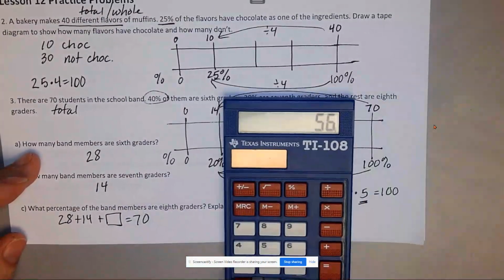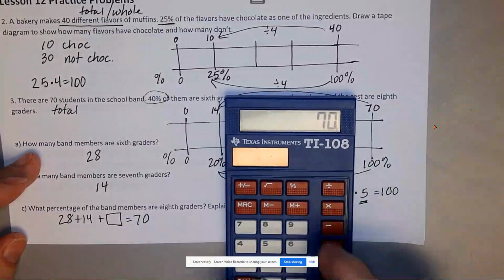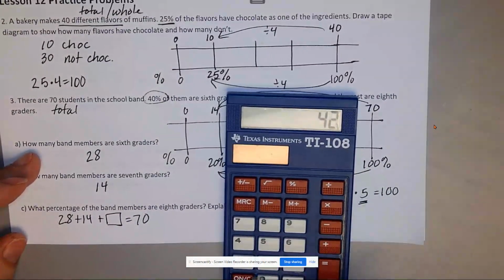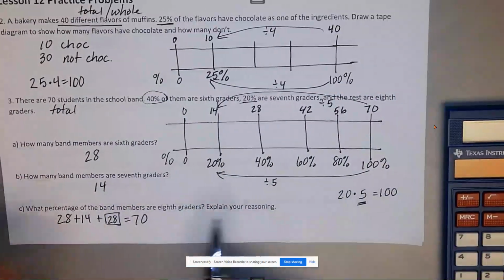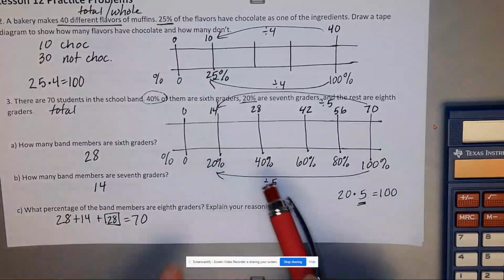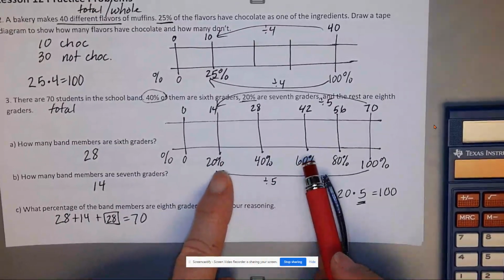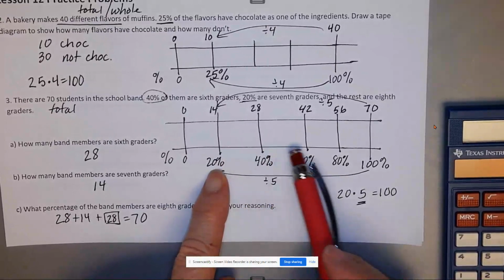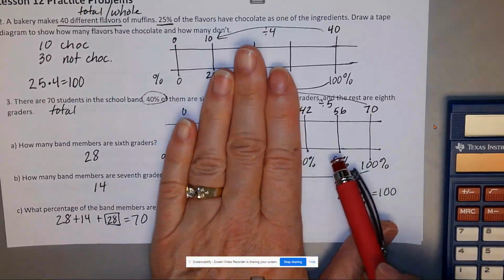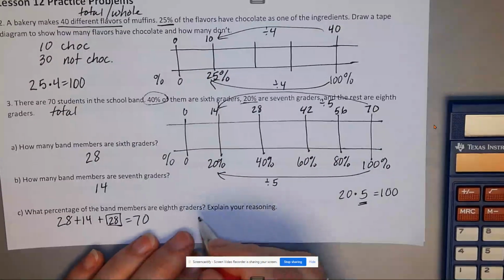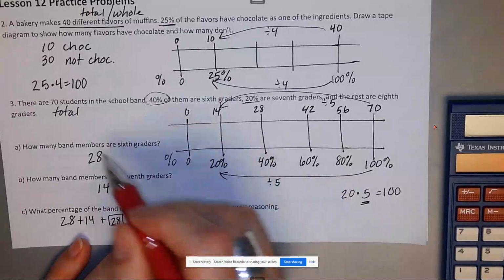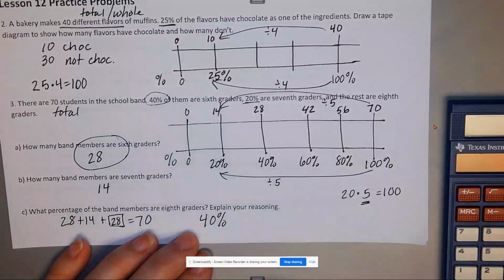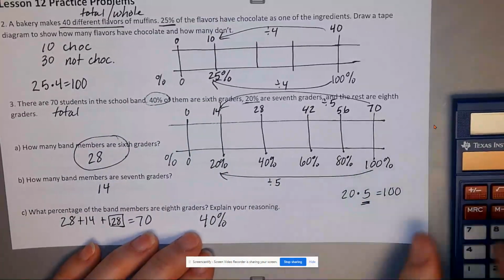So I could subtract to find that. 70 minus 28 equals 42, minus 14 equals 28. And that should make sense because if I do 20, 40 more, I'm here. That means I have 20, 40 left. So 8th grade is 40%, because we already know that 40% is 20. Okay.